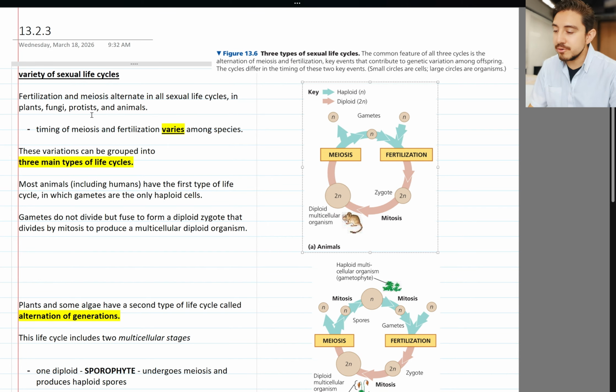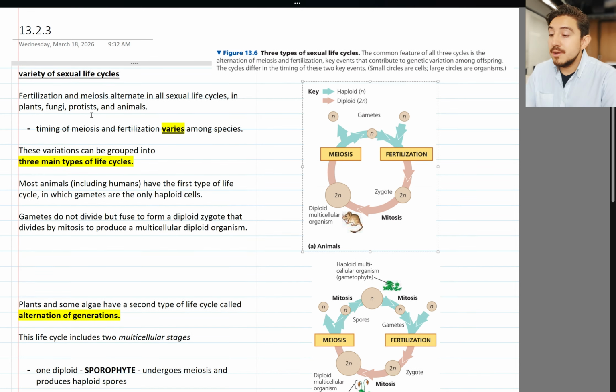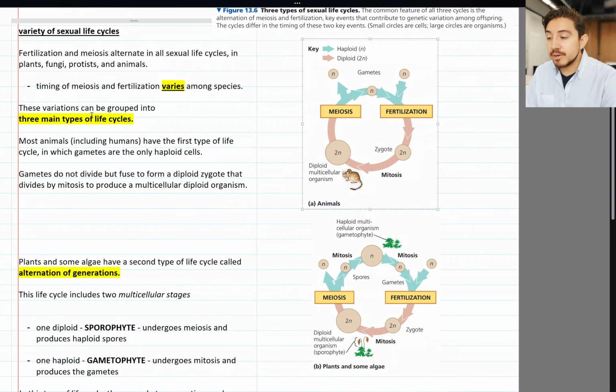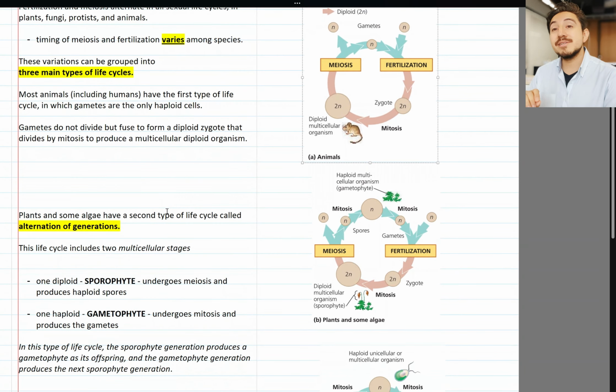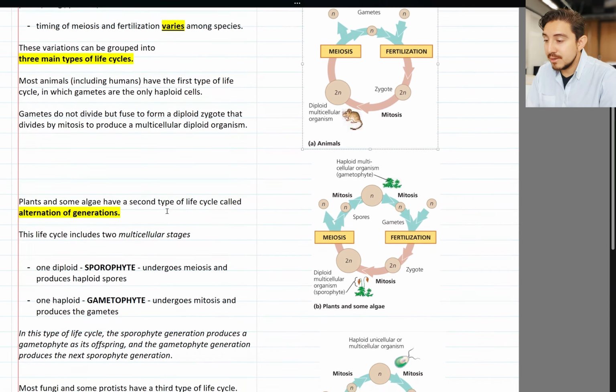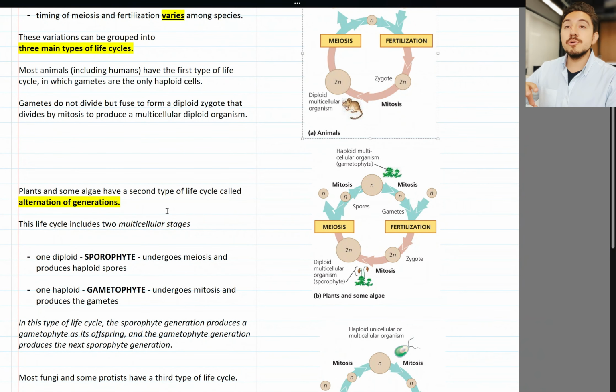So fertilization and meiosis alternate in sexual life cycles. And you see this in many organisms: plants, fungi, protists, animals, all these different forms of life. It varies among species in terms of timing, how long it takes, and the structures that are being formed. And they can be grouped into three main types of life cycles.